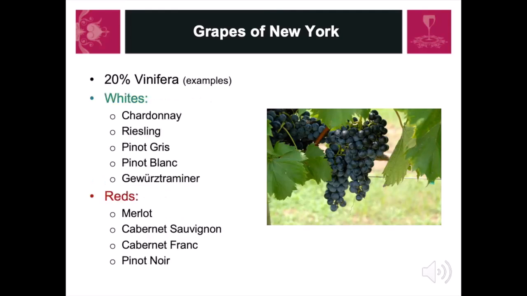So I'll move on. Here are some examples of vinifera grapes that do well in New York. Of course, you have some real classics there in the white variety category, and some grapes you all know in the red category as well. But in general, I like to highlight that there's a lot of Chardonnay planted in eastern New York.